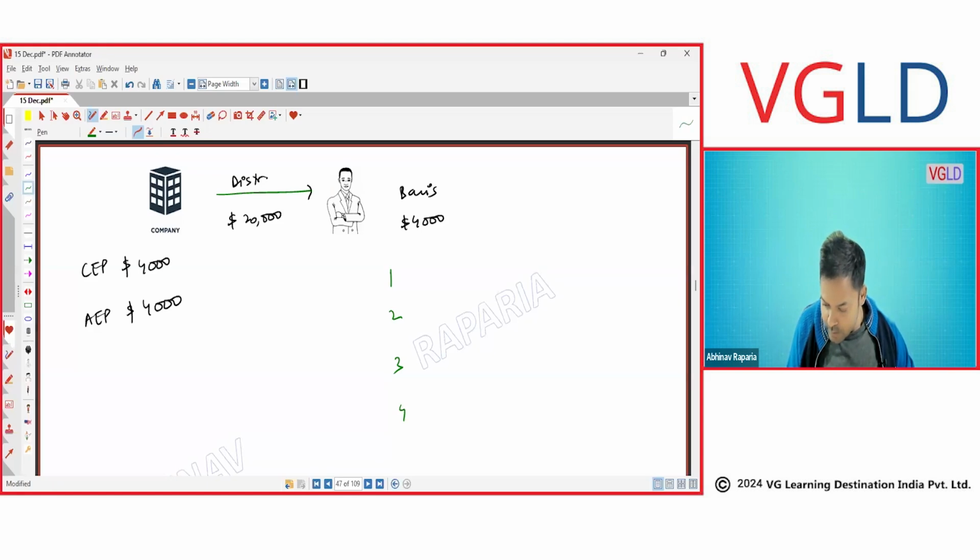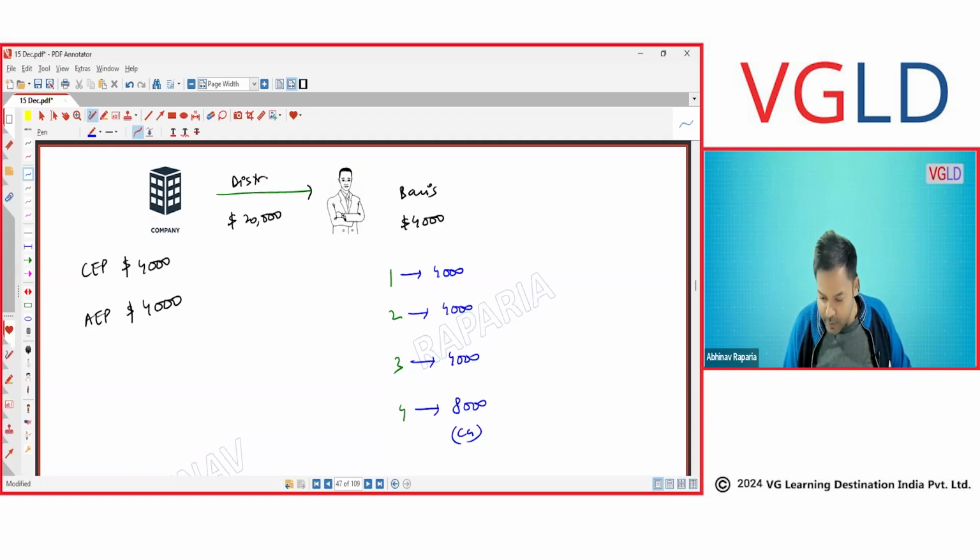This is 4,000. This is 4,000. This is also 4,000. Balance, whatever, 20,000 minus 12,000, 8,000 is capital gains. Guys, point clear? Everyone? Charlie clear?